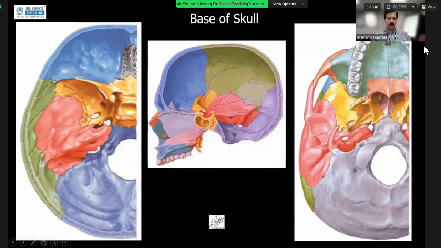Anteriorly, this is the ethmoid bone. At the base of skull, there are other structures of the ethmoid bone which we are going to learn in detail in the next session. But for today's session, this is known as the cribriform plate of the ethmoid bone, because nerve roots pass through it.